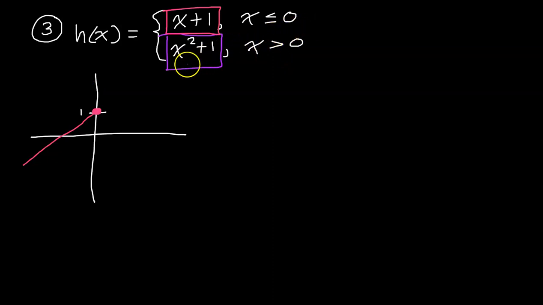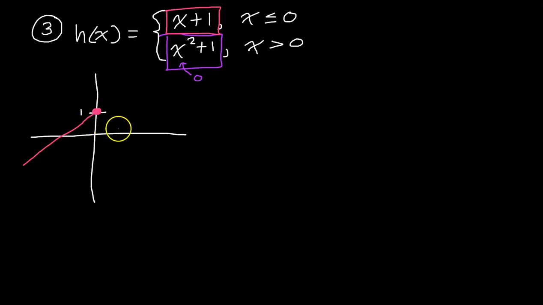If I substitute 0 in for x right here, 0 squared is just 0. So I have 0 plus 1, so the value is going to be 1. So right at 0, this expression has a value of 1, which picks up right at the same spot where we left off. So there's no point in me putting an open circle here because there's already a point filled in at that same position.